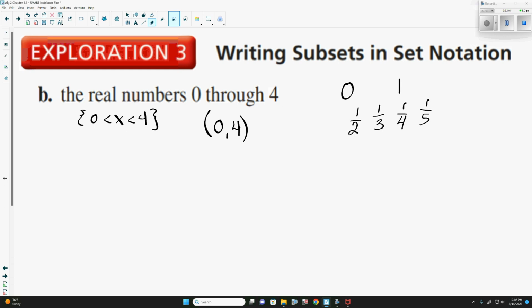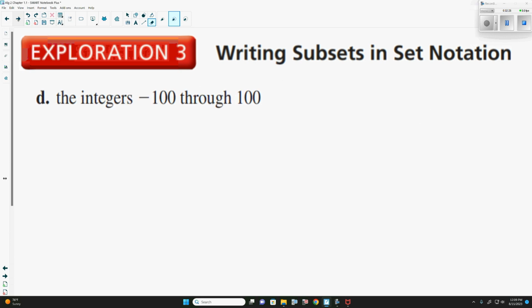I can put every number that actually exists as 1 over that number, and it'll be between 0 and 1. We can do the same thing for 2 or 3 as the numerator. So realistically, there's an infinite number between 0 and 1, let alone 0 and 4. So there's no possible way for us to actually label or list all of them. So we have to use an interval or inequality.